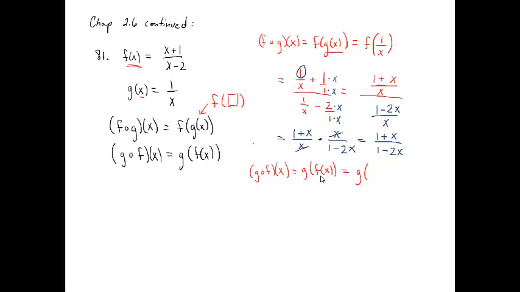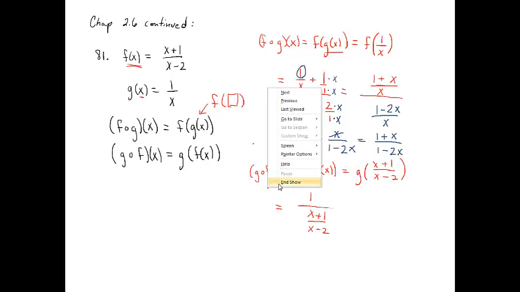But this one says g of f of x. And what is f of x? It's literally x plus 1 divided by x minus 2. So everywhere we see an x inside of g, we're going to plug in x plus 1 divided by x minus 2. And we end up with 1 divided by x plus 1 divided by x minus 2.